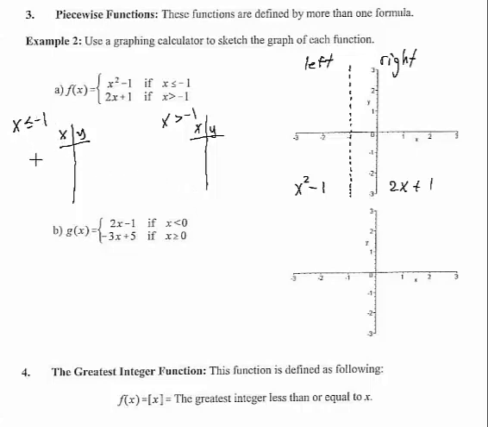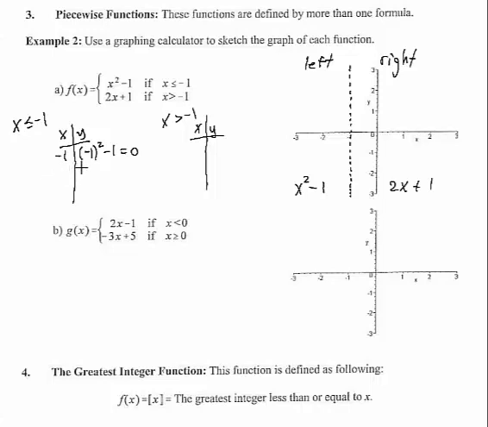Okay, so for the left portion, I will start with a negative 1 and calculate the output. Negative 1 squared minus 1 gives me a 0. Okay, and since this part is a parabolic shaped function, I'll do probably 3 points.